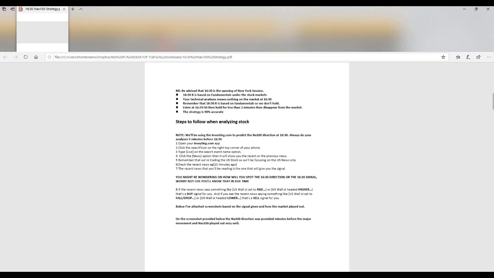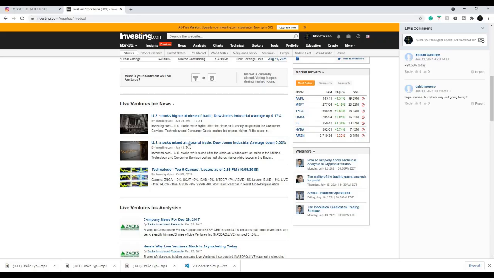You're going to open your investing.com app. If you are using a mobile device, download the investing.com app, and if you are using a computer, you can just use it on your Google browser, or any other browser of your choice.